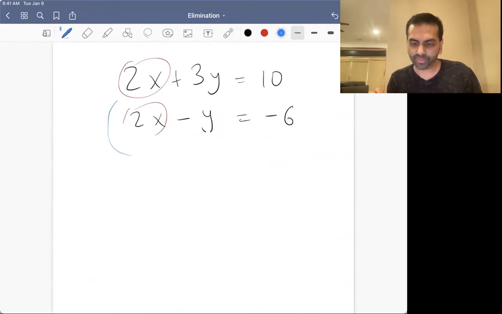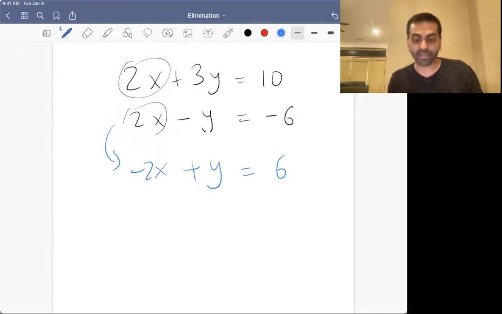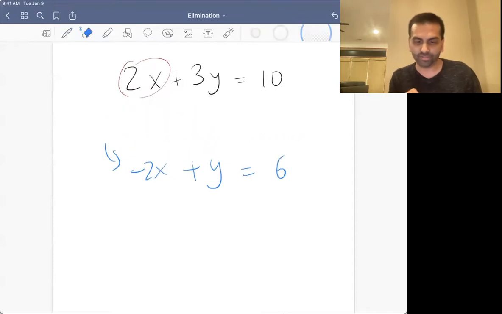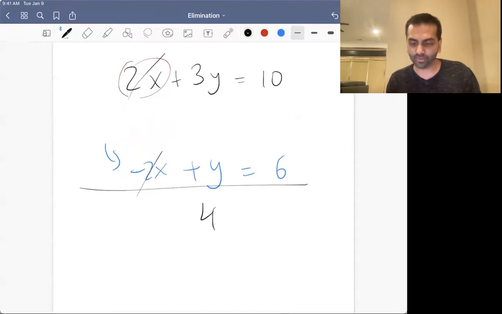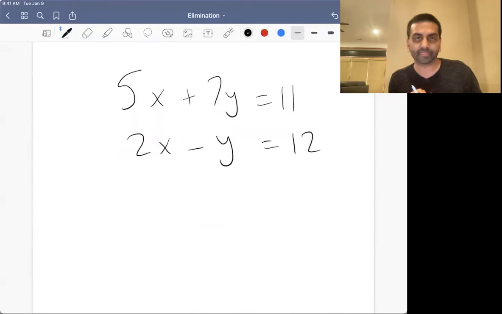If you do that, then the second equation just becomes -2x plus y equals +6. And in that case, when you add this equation with this equation, it becomes a lot easier to manage, because adding this plus this is 0, adding this is 4y, adding this is 16. So that's your choice how you want to do it.